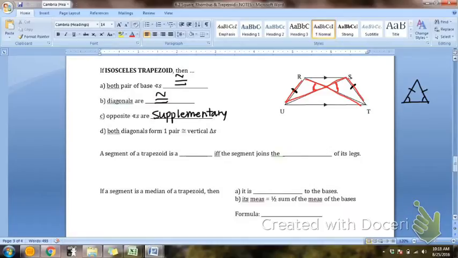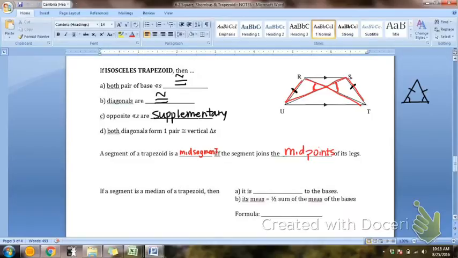A segment of a trapezoid is called a mid-segment if and only if it connects the midpoints of the legs. So we had this with a triangle.